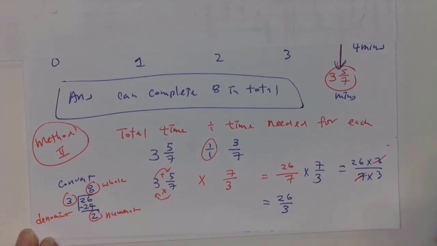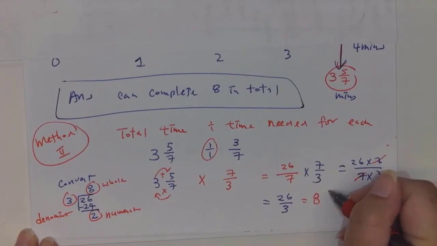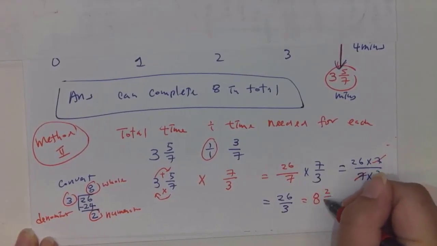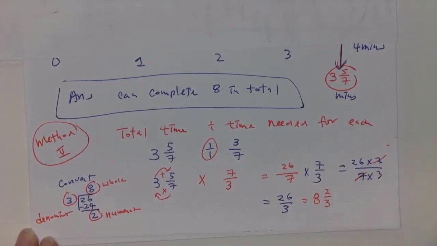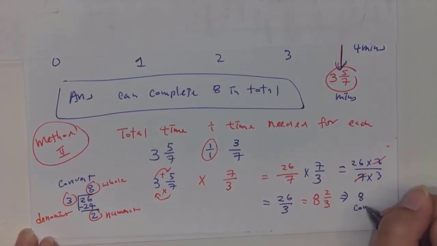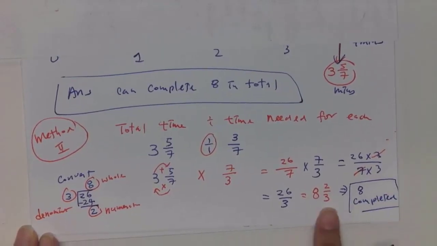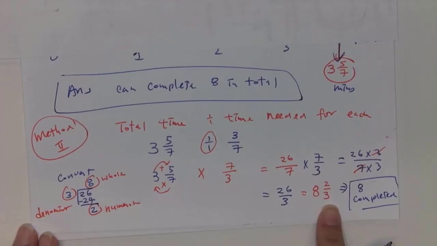So it equals the whole number 8, and then 2/3, which means you can only complete 8, right? The other one, you can only do 2/3 of it. You ran out of time.